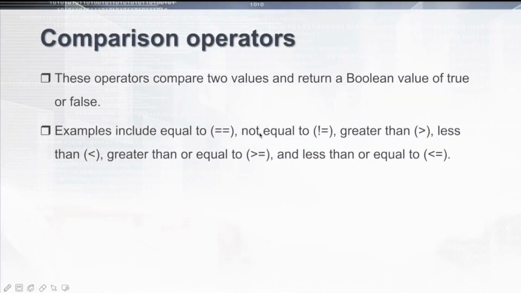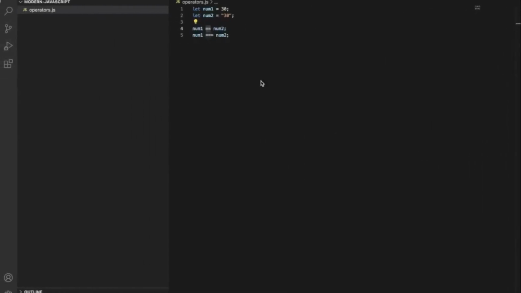Then next we have not equal to. So if I want to check if this is not equal to num1, I can do this. Okay, so now, like we discussed before, this is flexible.